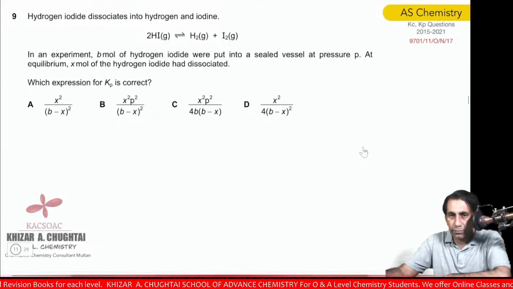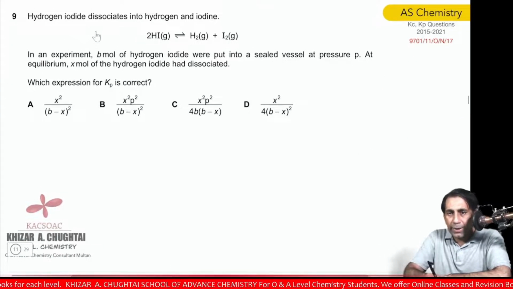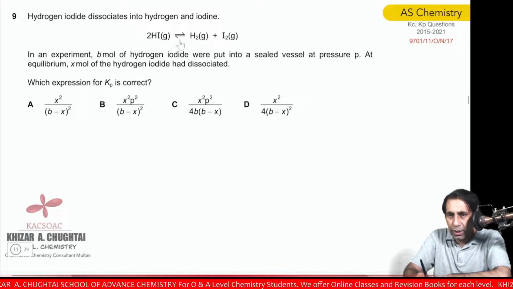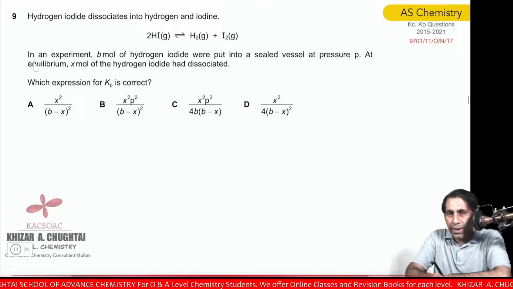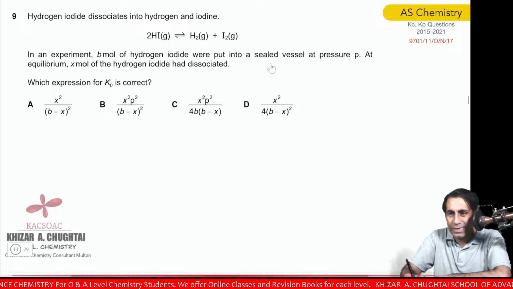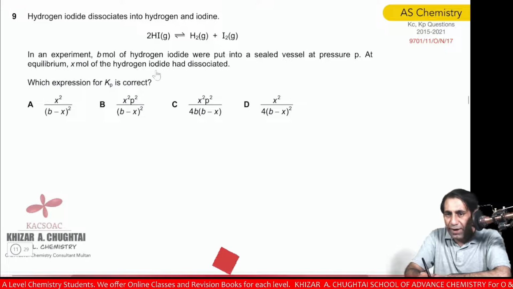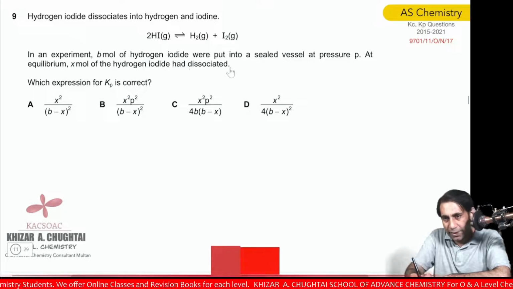Next question. Hydrogen iodide dissociates into hydrogen and iodine: 2 moles of HI goes to H2 plus I2. In an experiment, B moles of hydrogen iodide were put into a sealed vessel at a pressure P. At equilibrium, X moles of hydrogen iodide had dissociated.